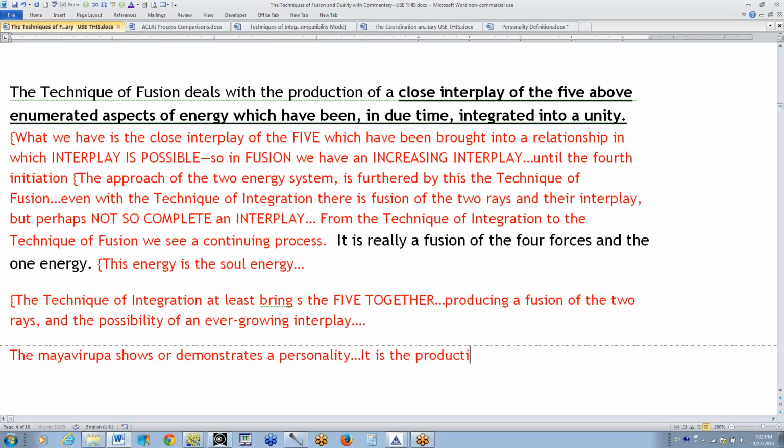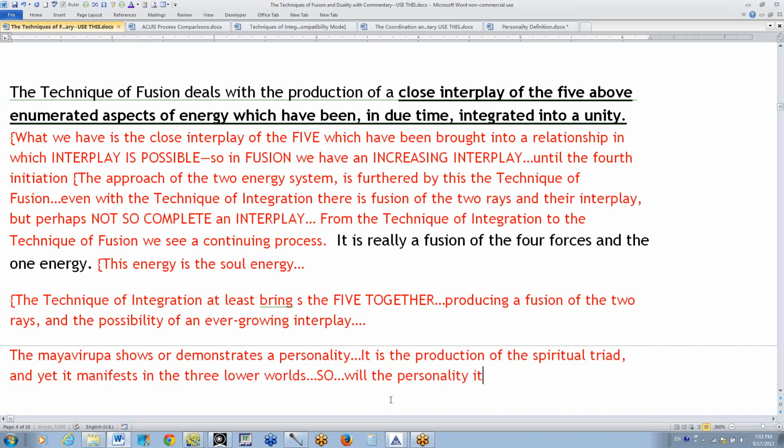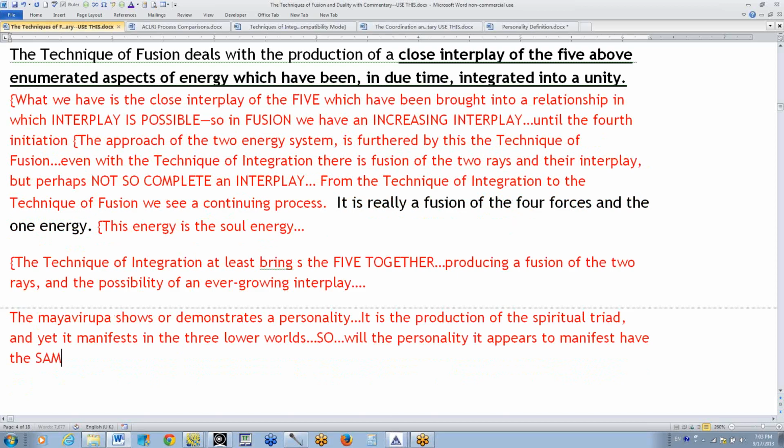It is the production of the spiritual triad, and yet it manifests in the three lower worlds. So, will the personality it appears to manifest have the same ray as heretofore?